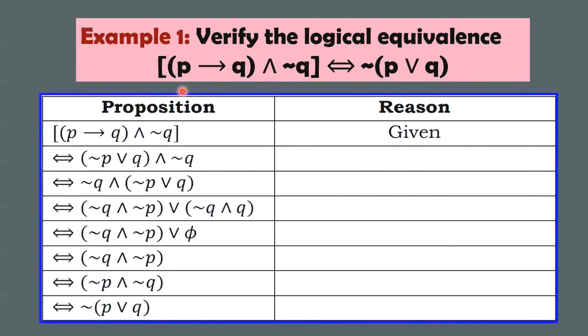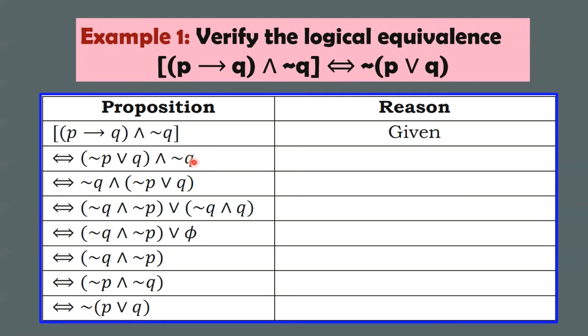Given lahat ng proposition, all you have to do is to supply the reason. Supply the law supporting each proposition here. So, this is our given. Ito, if P then Q and not Q. So, reason is given. It's very easy.